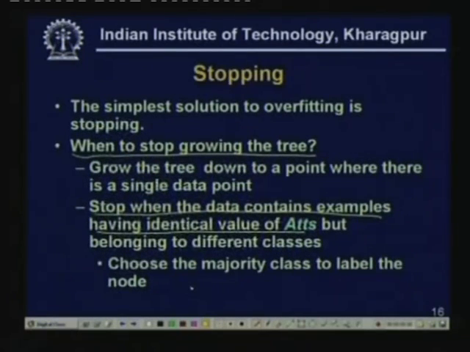In this case, we do not get a homogeneous class, ID3 will fail, but we have reached a leaf, we cannot grow this tree further. In those situations, what we do is we choose the majority class to label the node. So, in this node we have examples, all of which have the same features, but they have different classes. We take the majority class and label it as the class of that node.